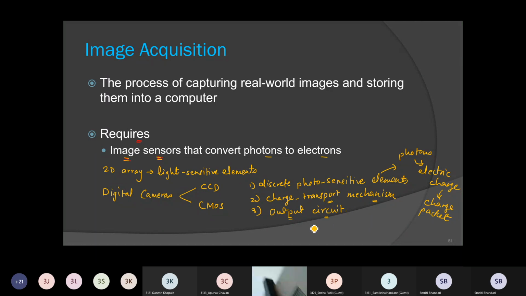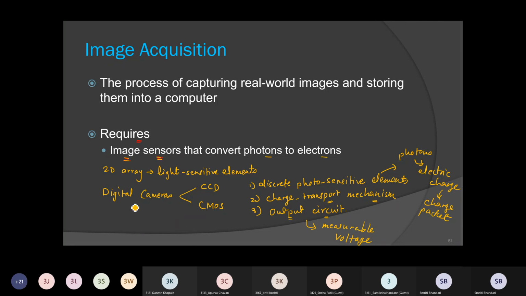And the output circuit is meant for converting that charge into some measurable voltage, right? So this is the process by which the digital image is formed.